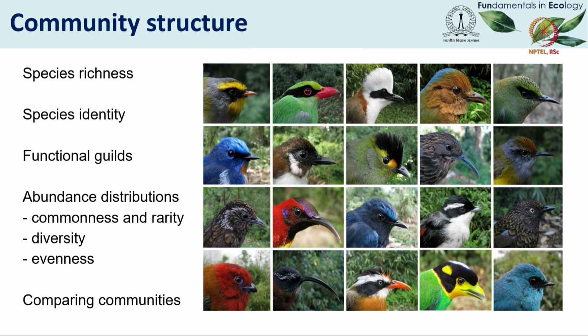And then I can compare communities. I can say, here is a community of birds at 2000 meters above sea level, here is a community of birds at 1000 meters above sea level, and I can ask which community is more species rich, which community is more even, what are the patterns of commonness and rarity between these two communities, and how do they differ, or how are they similar.